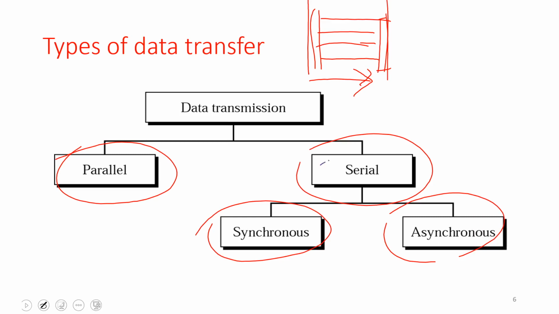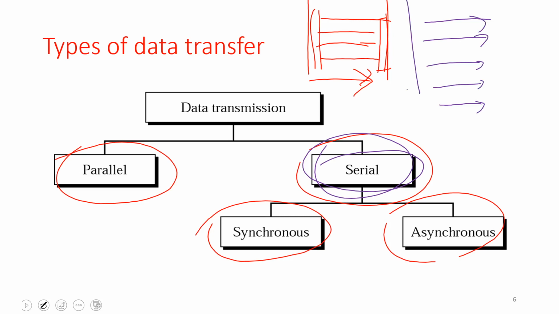Whereas in a serial transfer, we will have to send a series of transfers one after the other. So when things are sent from one end, they need to be received at the other end with a particular understanding as to how long a particular bit is going to be transferred.